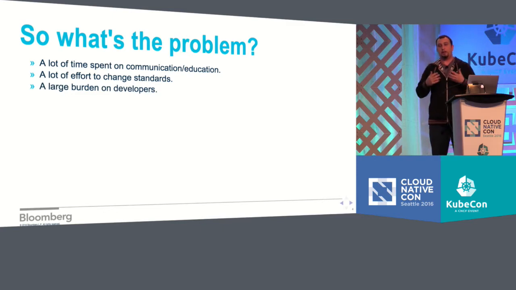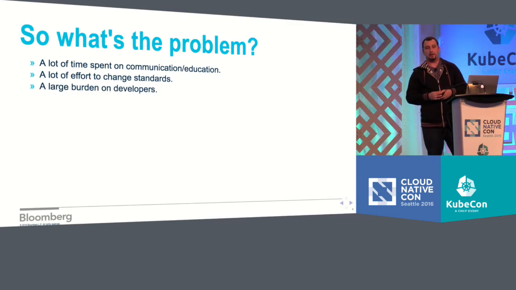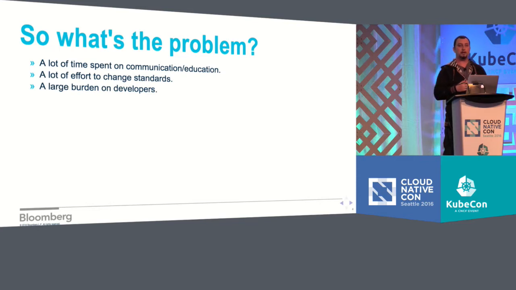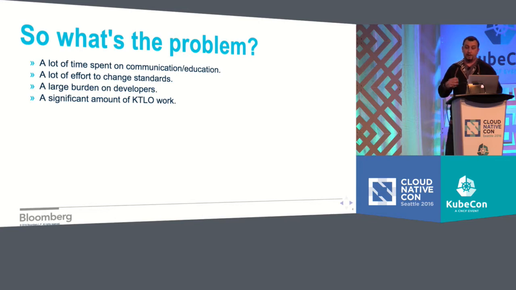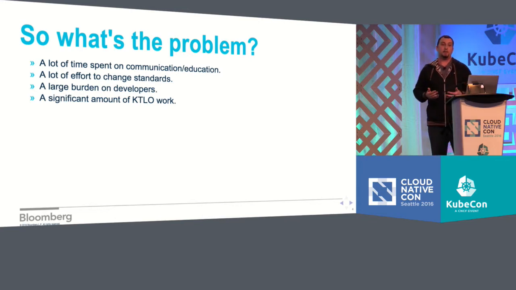So it ends up being a huge burden on the developers themselves, and that ultimately leads to a poor developer experience. One of our jobs is to create a developer experience that's good for our developers. We also spend a lot of time on keeping the lights on.